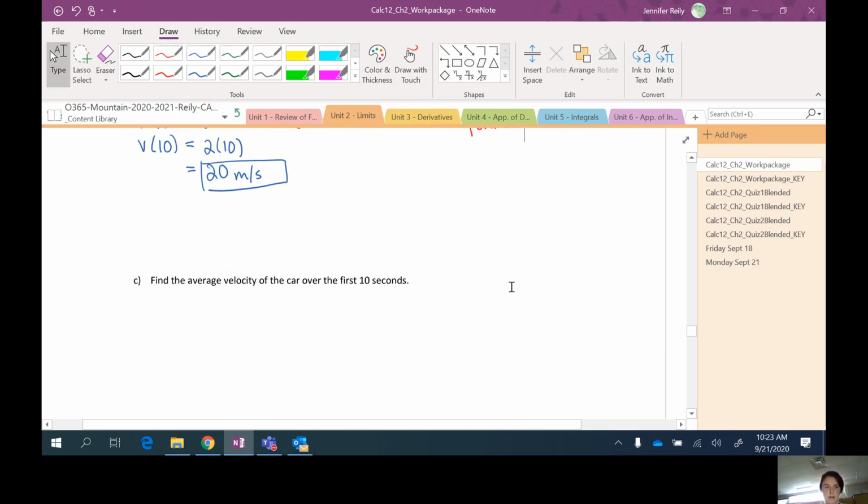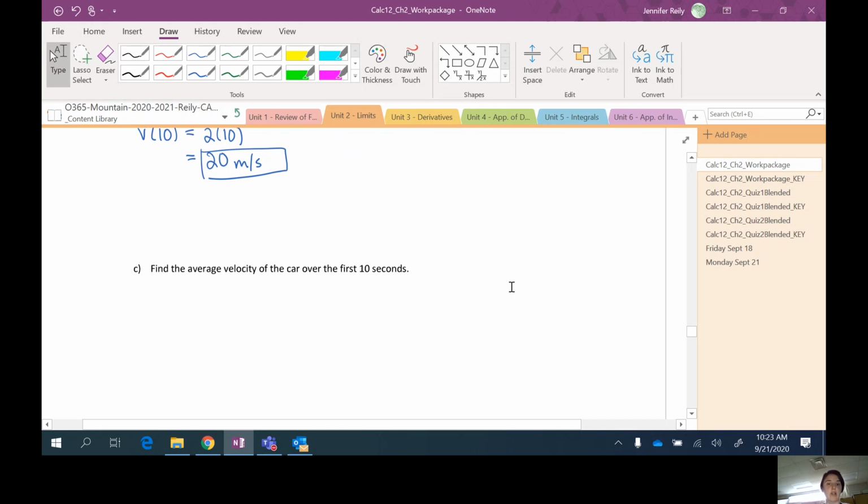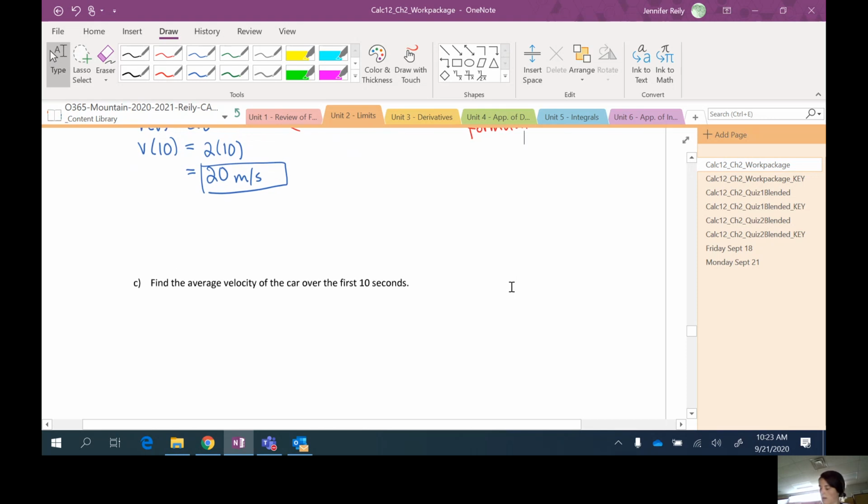Good. And find the average velocity of the car over the first 10 seconds. Question C here. So remember, the average velocity is the slope of the secant line between t equals 0 and t equals 10.